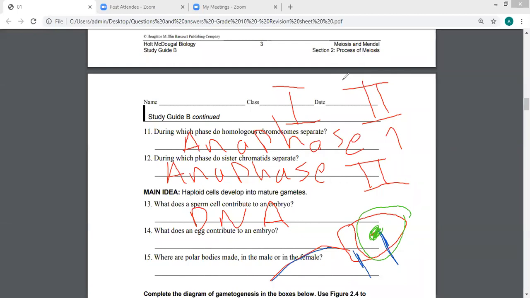The egg. Okay. So sperm contributes DNA to the embryo, while the egg contributes DNA and organelles.